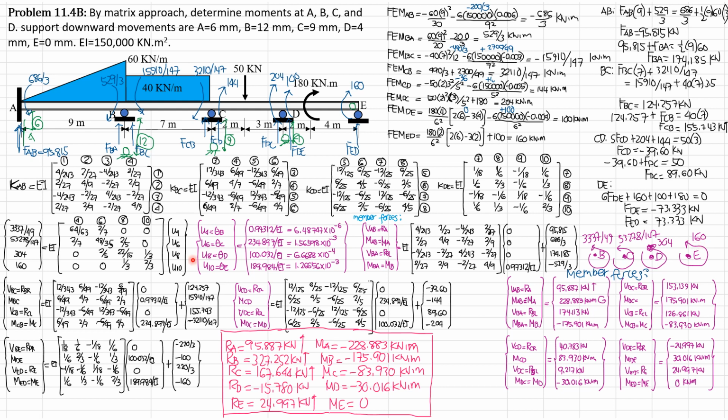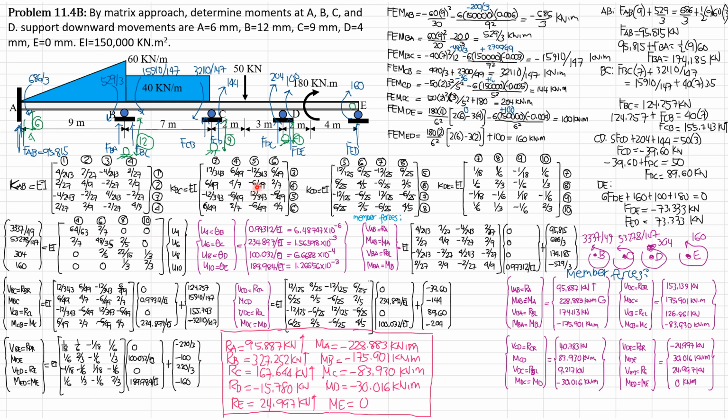So we now put the global forces here, all positive counterclockwise, equals EI times the displacements. Then we have 4, 6, 8, 10, which corresponds to U4, U6, U8, U10, theta B, theta C, theta D, and theta E. For 4, 4, you add 4 over 9 and 4 over 7, we get 64 over 63.